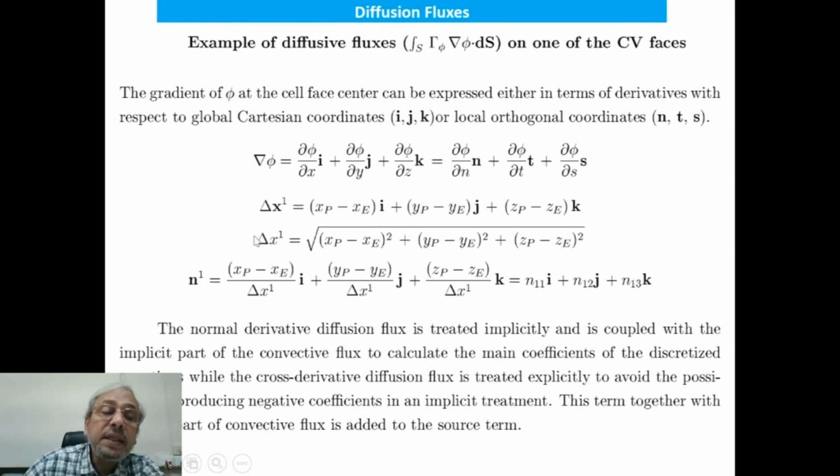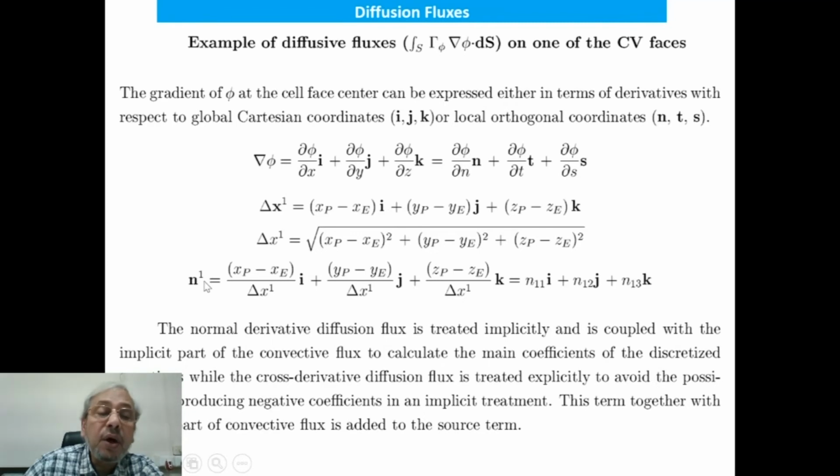And then the magnitude of this del x1 is given by the root of xp minus xe square plus yp minus ye square plus zp minus ze square.